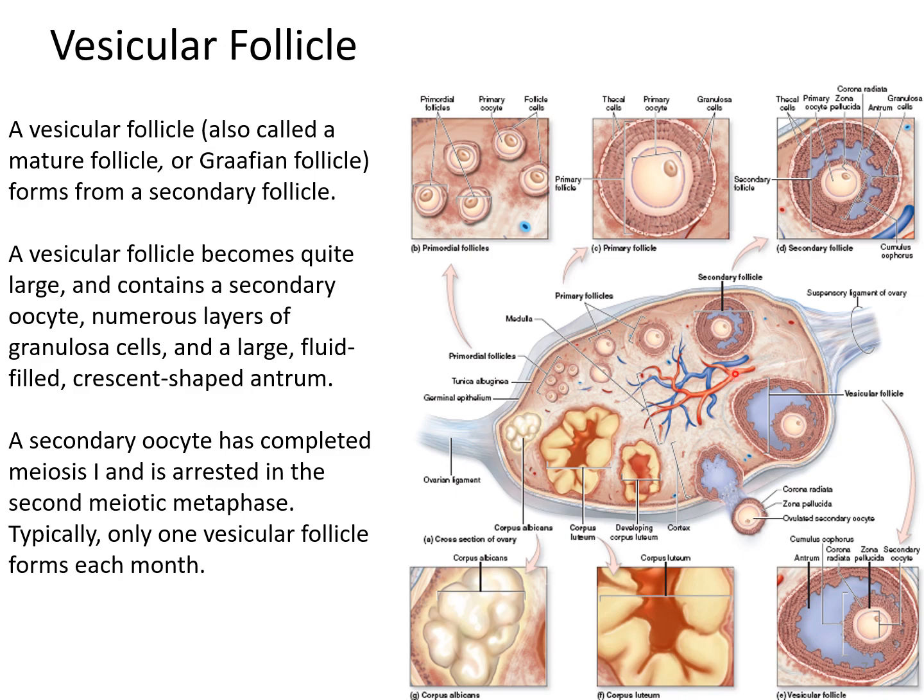And you can follow this in the ovary section they have here. These are primordials developing into primary follicles, developing into secondary follicles, developing into a vesicular follicle, and notice the next thing that happens here is the rupture, which is ovulation.